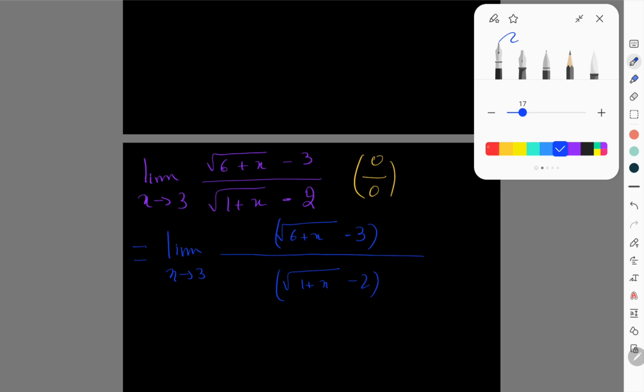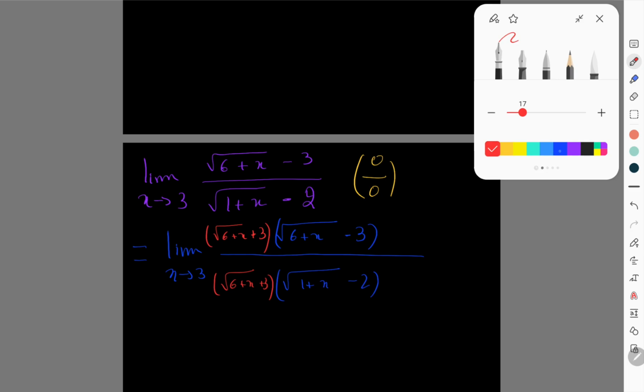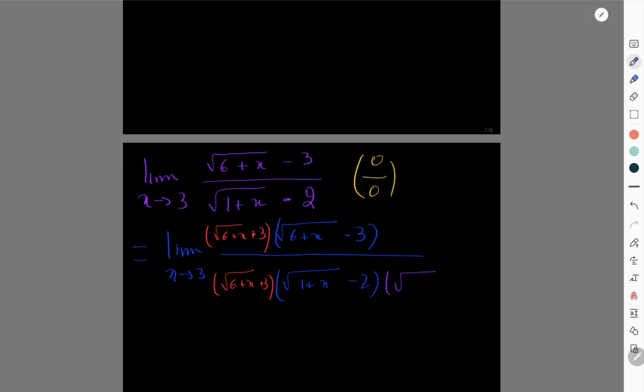Now, I gotta multiply by the conjugate of this term. This will get rid of the square root on the top. Now, in order to get rid of the square root on the bottom, I have to multiply top and bottom by root 1 plus x plus 2.